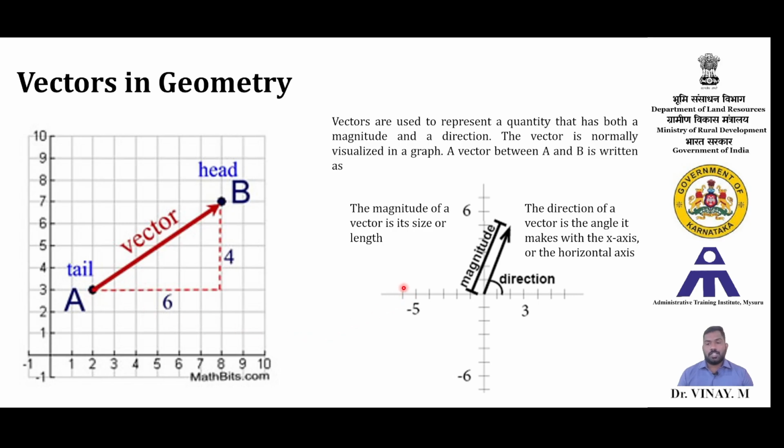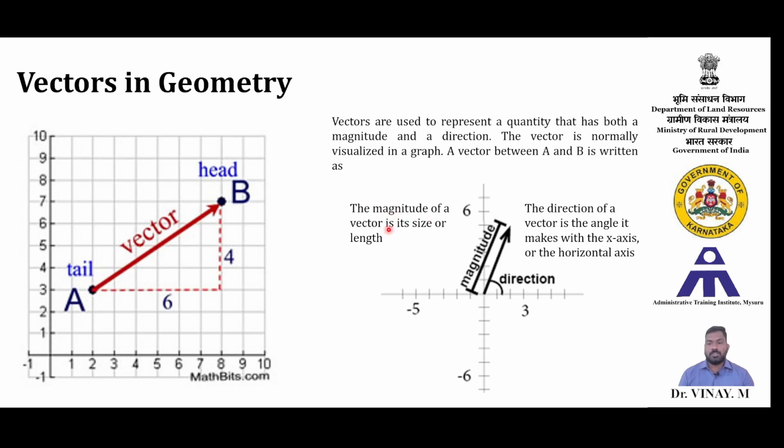The vector contains two properties. One property is the direction. The direction of the vector is the angle it makes with reference to the x-axis, or you can say the horizontal axis. And also the magnitude, the distance from one point to another point.